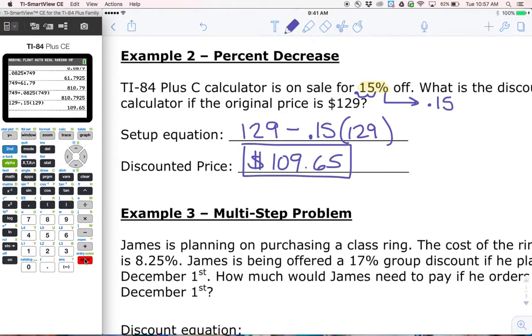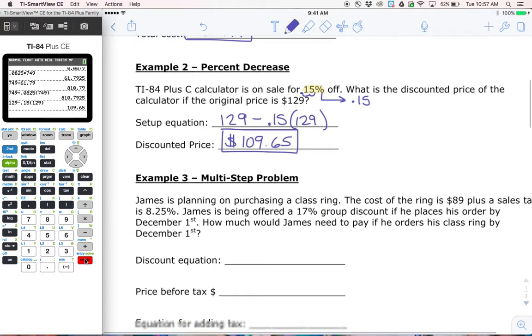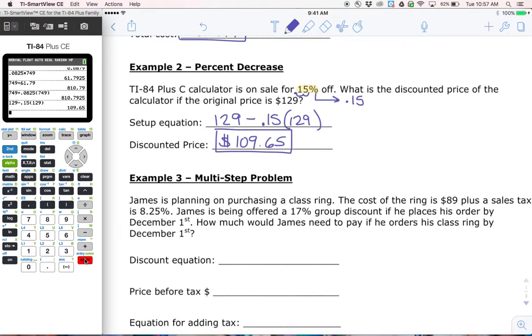And you can always stop and ask yourself, is this reasonable? If I was going to buy a $129 calculator with a 15% discount, that's not a huge discount, so my number didn't get that much smaller when it became $109. Makes sense. That's just a good thought process to have once you're doing these problems.